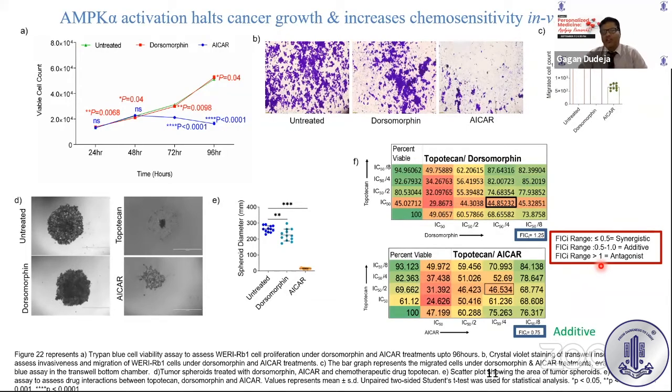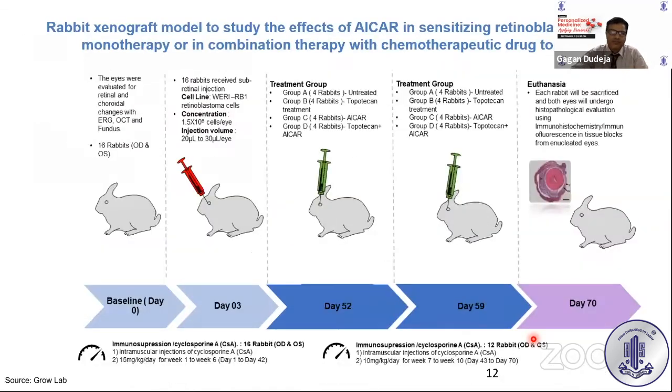And on your right, that FIC1 value will tell you whether the drug is synergistic, additive, or antagonistic. In the case of topotecan and ICAR, the FIC1 value is 0.75, which indicates these drugs have an additive effect. So we can use both of the drugs at 50% of dosage to have an effect. Basically, the topotecan dosage comes down by half, and the ICAR dosage comes down by half.